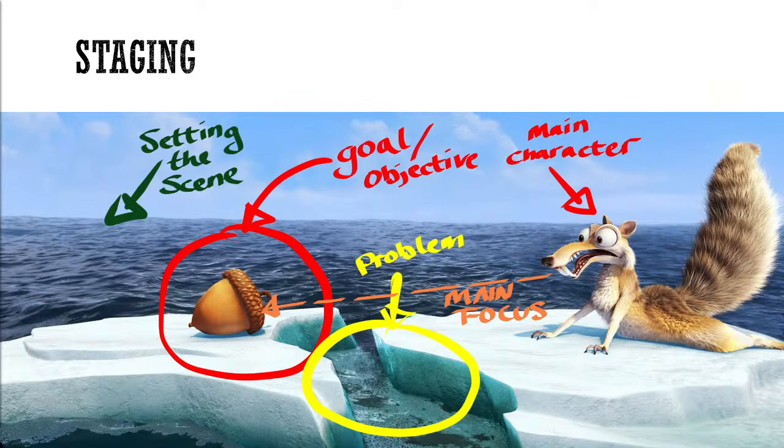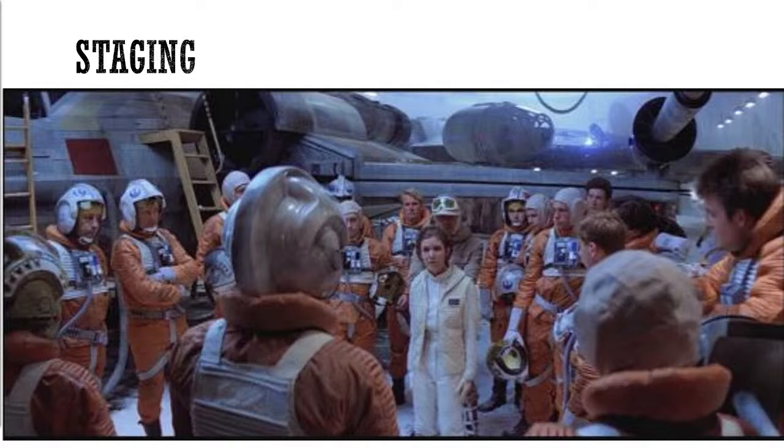It's easy to understand. Now, if we take a look at this scene from The Empire Strikes Back, one of the things that I hope you understand with all of this is that nothing is random. Everything is plotted out.